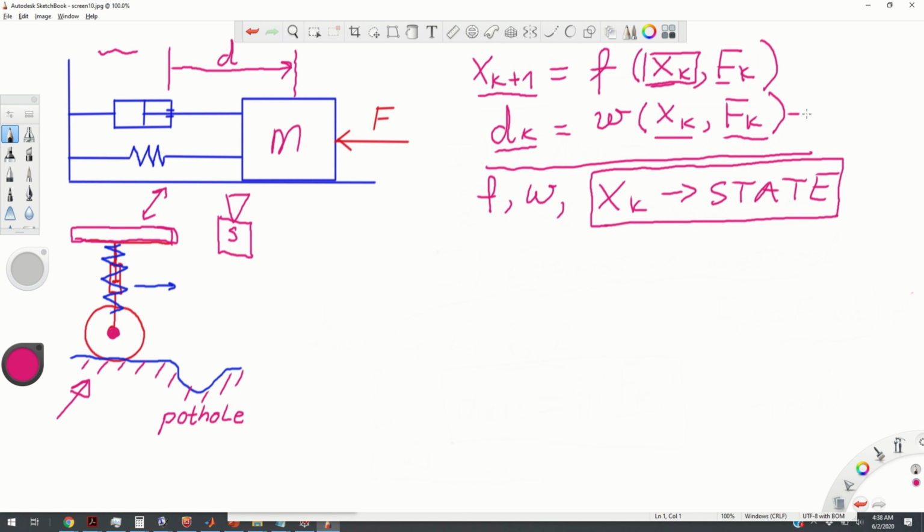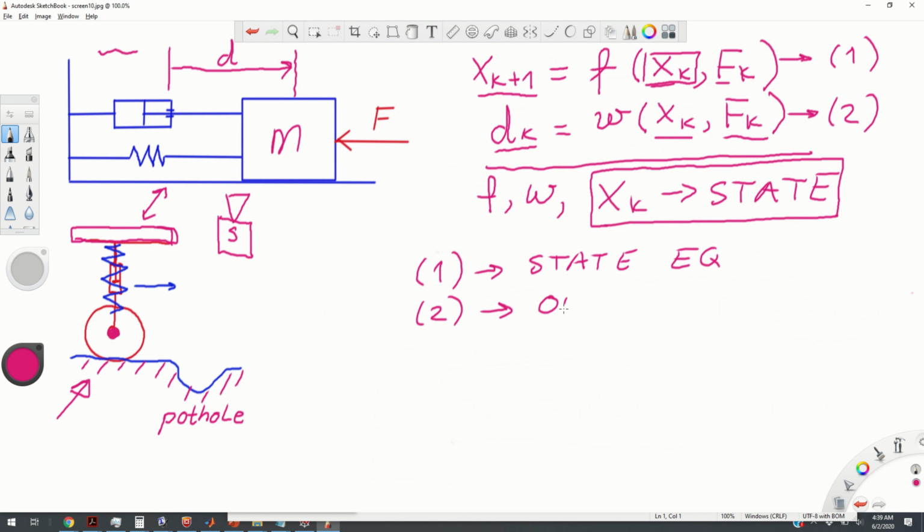This second equation is called the output equation, and the first one is called the state equation. This equation basically describes the sensing process.